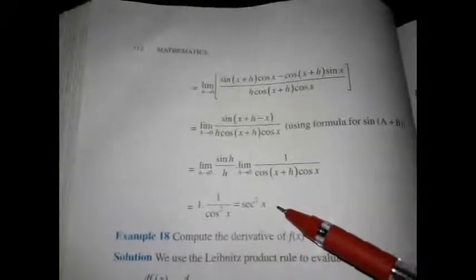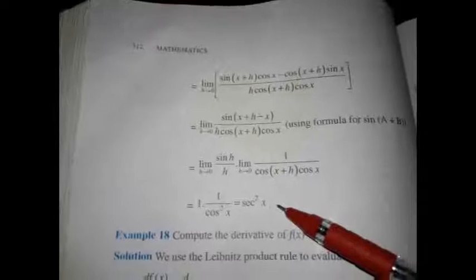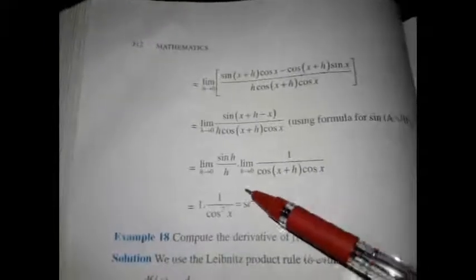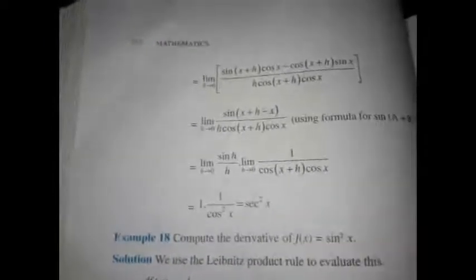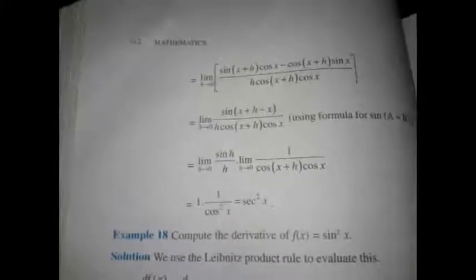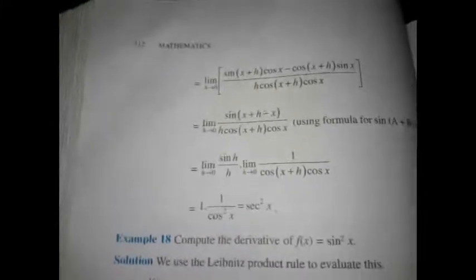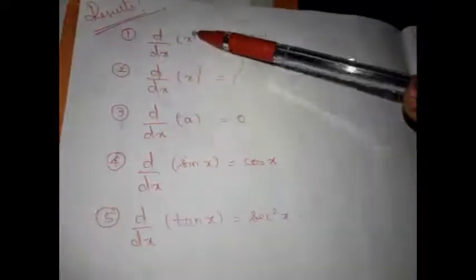So this is also a known result. You have to remember that differentiation of tan x is secant square x. So far we have learnt all these results which you have to learn by heart. D by dx of x power n is n into x power n minus 1.